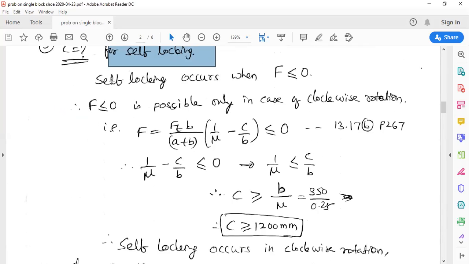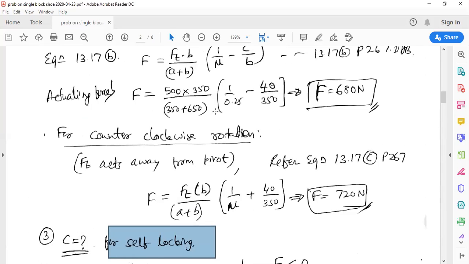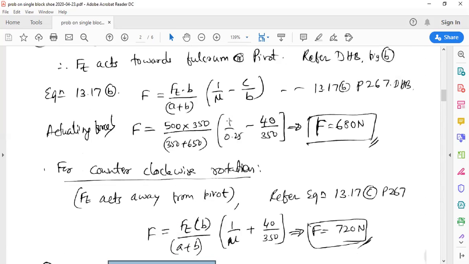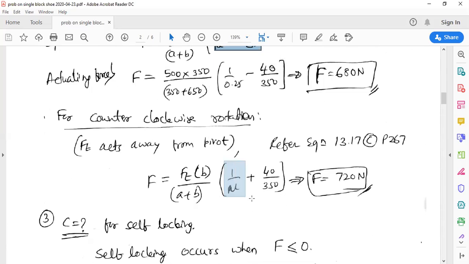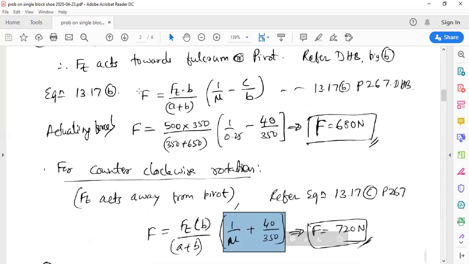With respect to self-locking, as we discussed in the previous session, whenever the right-hand side of the equation includes the negative sign, there is a possibility of getting the value of F as negative or 0.